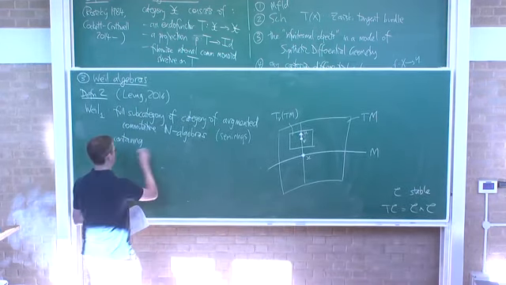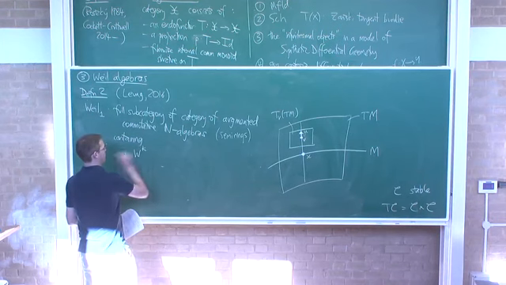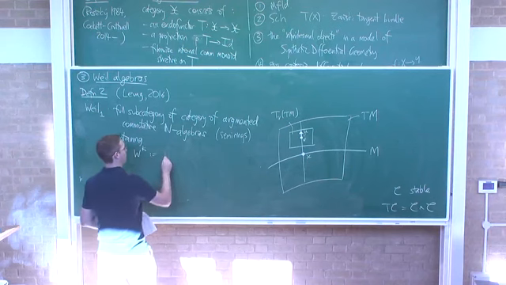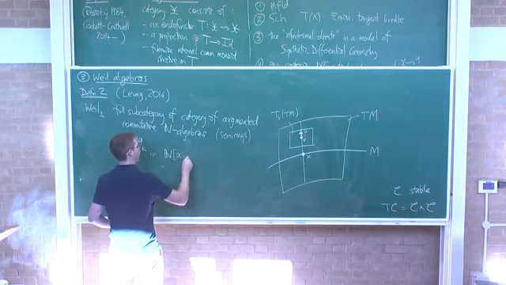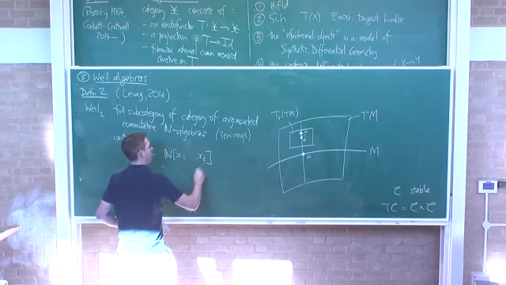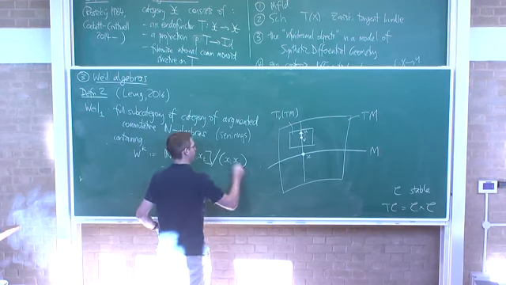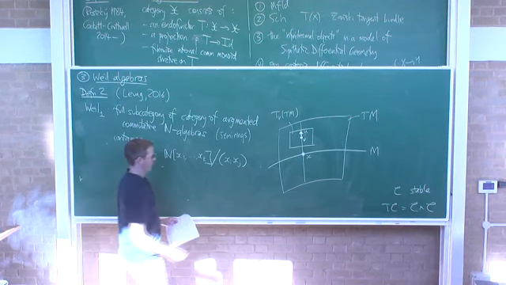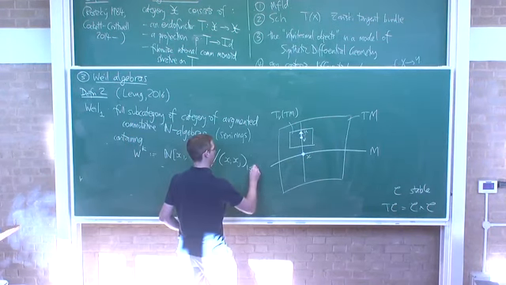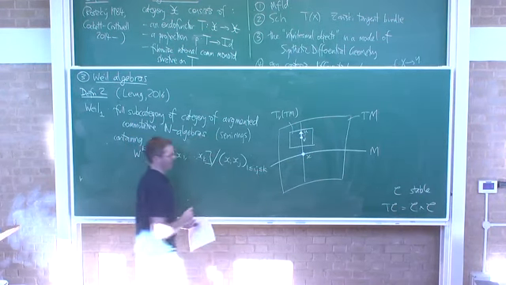I'm going to label this object W_k, and this is just given by taking k generators and then quotienting by all the quadratic relations, for all pairs of i and j.